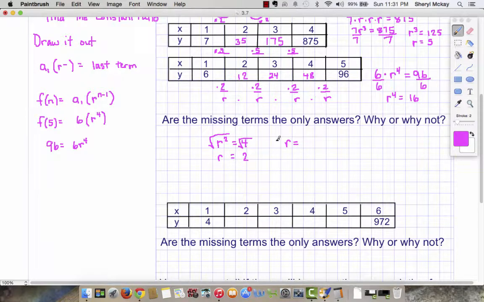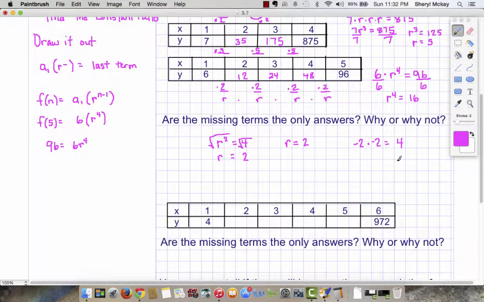Most people immediately say, oh yeah, 2 times 2 is equal to 4, so r must be 2. But is there another number that when you multiply it by itself, you get 4? Think about it. What's that other number? That's right. The other number is negative 2. Because when I multiply negative 2 times negative 2, I get a positive 4.